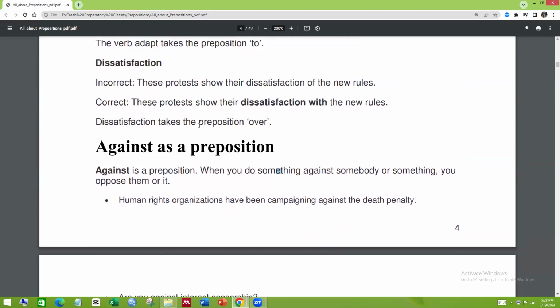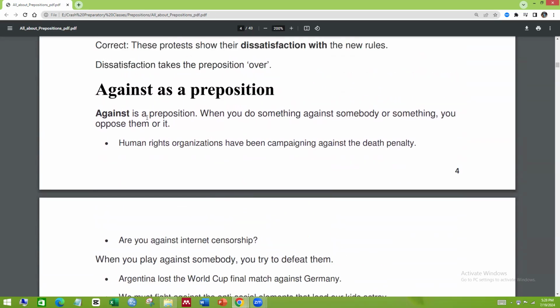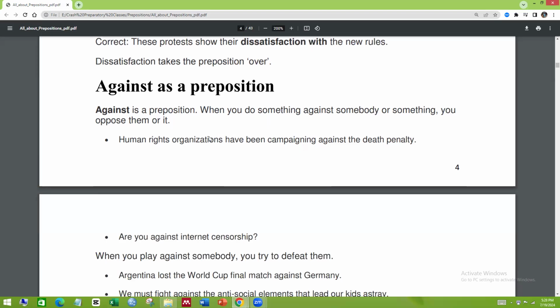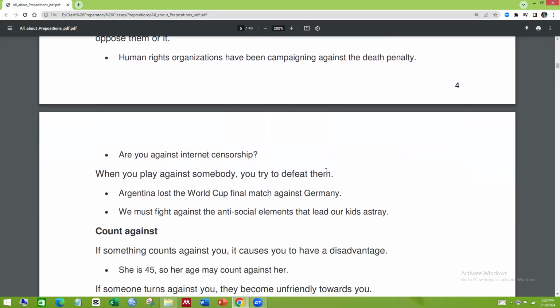Okay. Against is a preposition. When you do something against somebody or something, you oppose them or it. Human rights organizations have been campaigning against the death penalty. Are you against internet censorship? Censorship means restriction, here a filter.